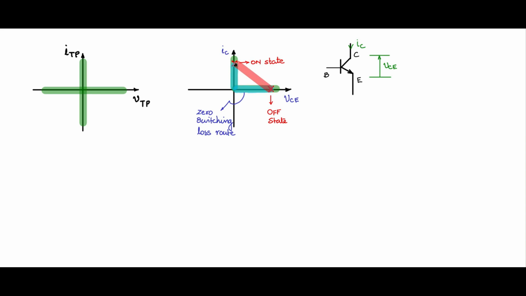So these are called the switching losses, and the device should dissipate them through heat sinks and remain cool. However, the efficiency will come down. So this route is a lossy route and lossy transition.